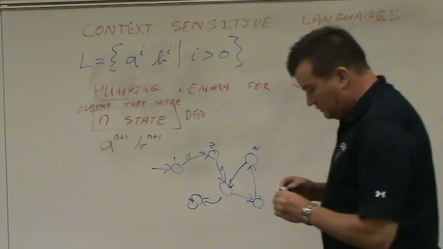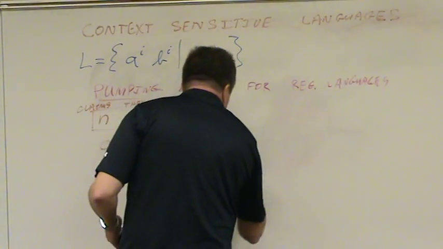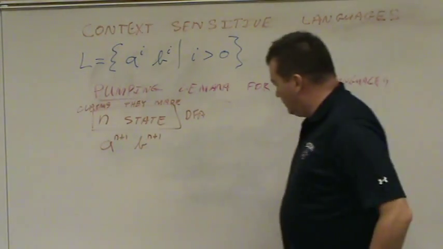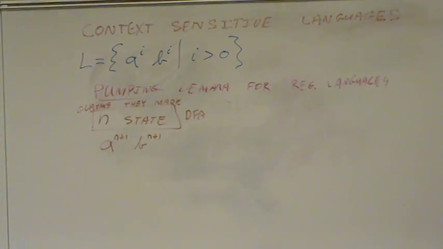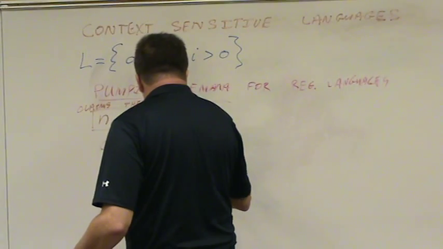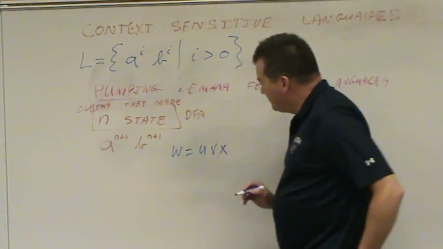n. So in the formal definition, they're basically saying that any word that's in the language could have a U part, a V part, and an X part.